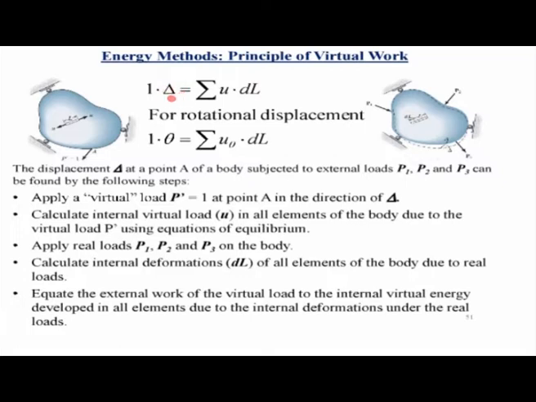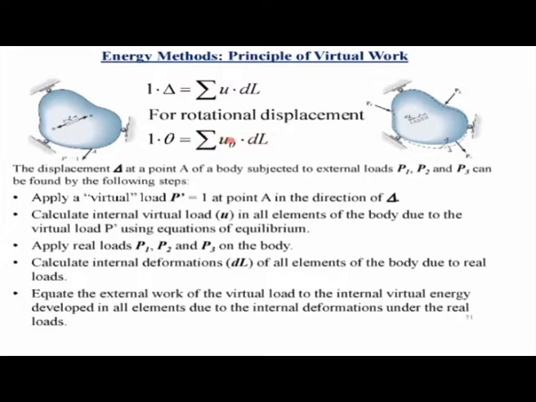Now if you have to calculate rotation at that point, the same thing would be done, the only difference being that instead of applying a load, we would apply a unit moment, and so the unit moment times the actual rotation at that point due to the applied load would be equal to, again, the virtual strain energy due to the internal virtual loads and the actual deformations of the elements.